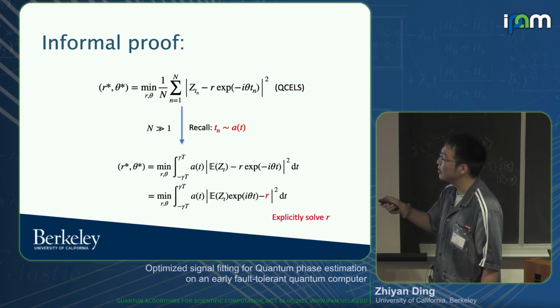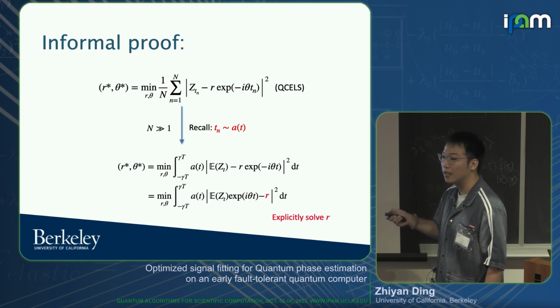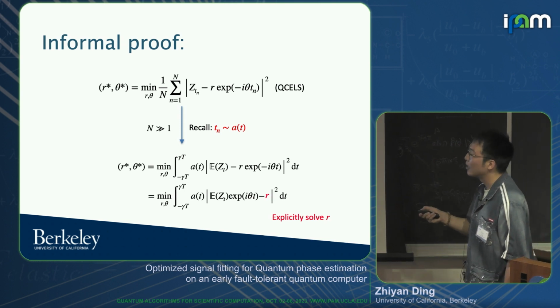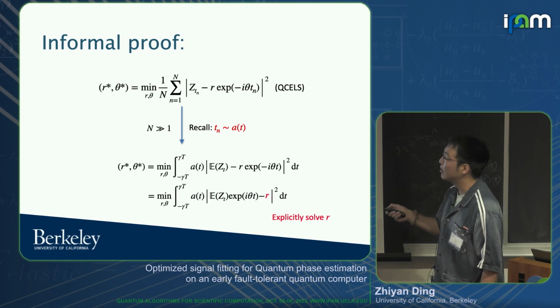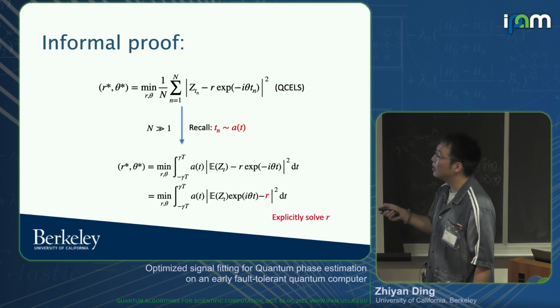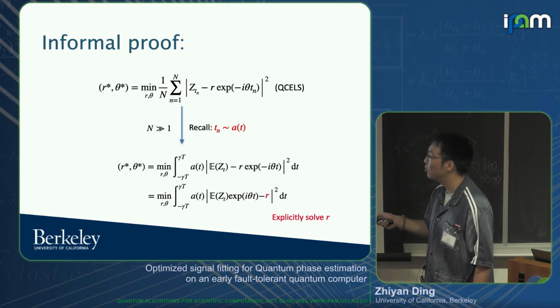Here, I replace this Ct by its expectation, and I replace this summation by this integral. Then the second step is I can pull out this exponential minus i theta t and put it into this Ct part and change it into this form.